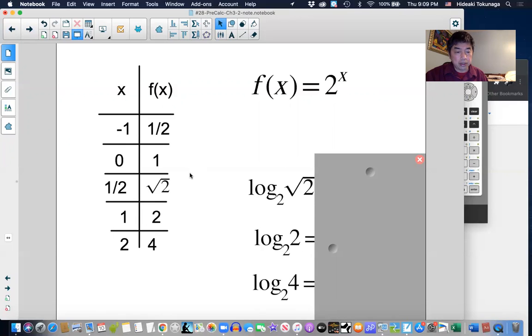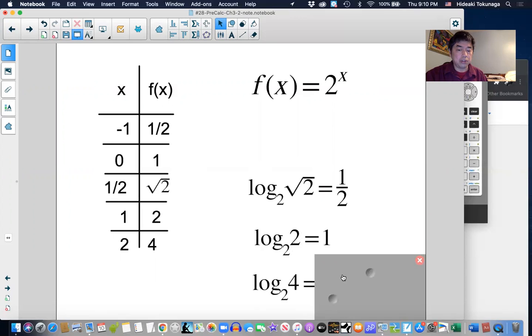It's going to be half. 2 to what power is 2? 1. So you see, those are inverse. 2 to what power is 4? So now it's the inverse. Now you plug in here.